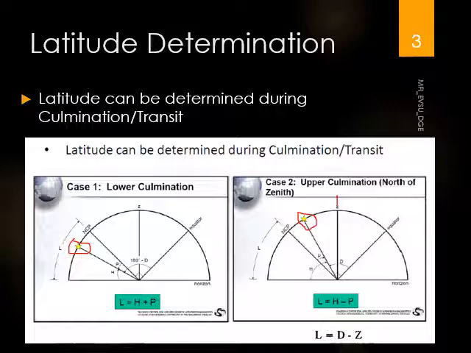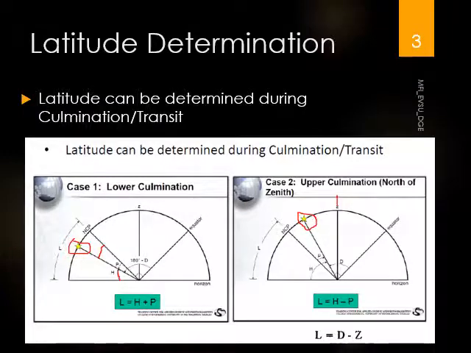In case 1, you can determine the latitude of the observer from the altitude. Our altitude is this one, from the horizon to the star. Our polar distance is the distance from the North Celestial Pole to the star.